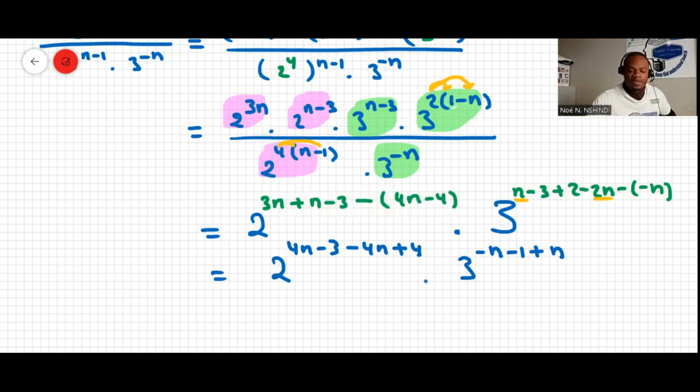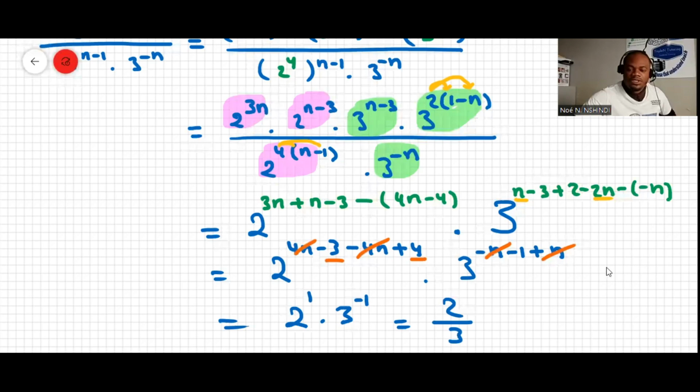We can simplify again. 4n and negative 4n cancel, and negative 3 plus 4 is just 1. So the answer is 2 to the power of 1, the negative n and positive n cancel, times 3 to the power of negative 1, which is just 2 over 3.